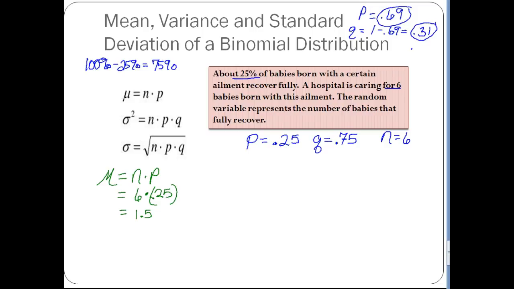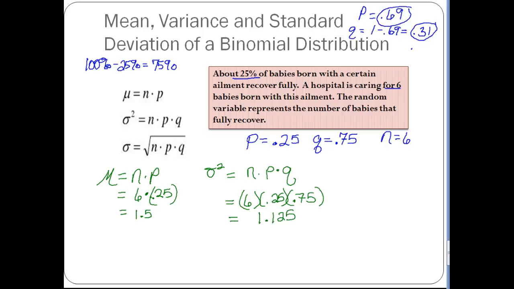So then our variance is going to equal n times p times q. So we're going to say 6 times 0.25 times 0.75. When we plug that into our calculator, we get 1.125.